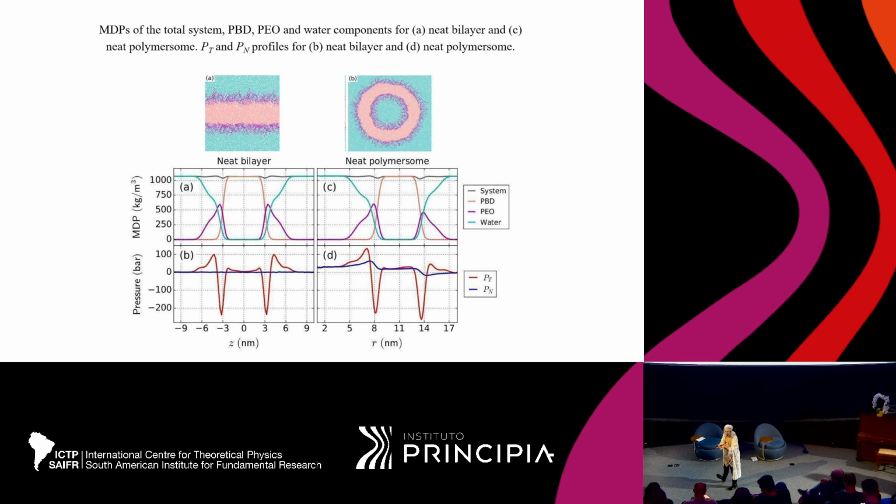Yes? I was wondering how easy it is to simulate asymmetric membranes. Yeah, it is. We use the information that we have from this to calculate the area per lipid or per polymer, and estimate the area that we will cover in the other.